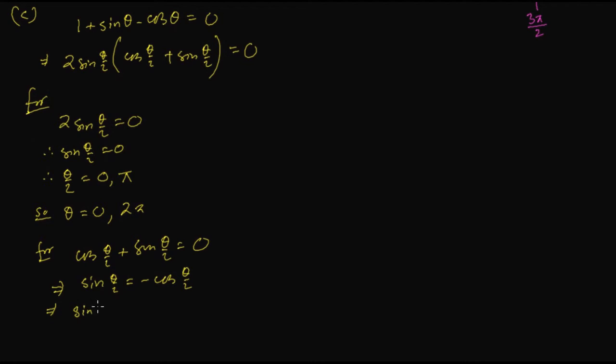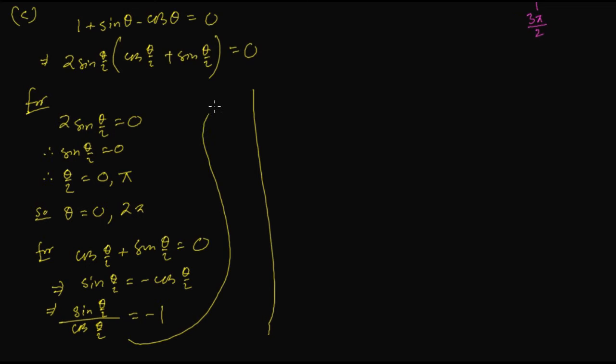So sin theta by 2 divided by cos theta by 2 equals to minus 1. Remember, you're dividing this, so this will be minus 1. So what we do here now, I don't have any space, let me get back here. So it would be the identity sin by cos, tan theta by 2 equals to minus 1.